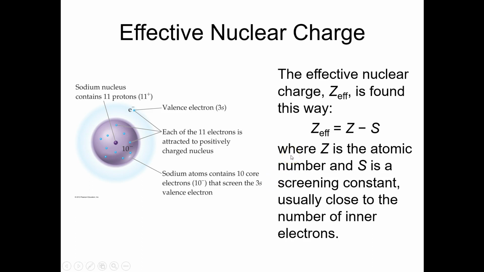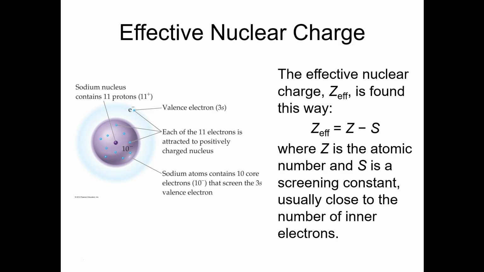So we can calculate what's called the effective nuclear charge. And the effective nuclear charge is simply the nuclear charge that a valence electron is actually experiencing. It's equal to the actual nuclear charge minus the screening constant. And the screening constant tends to be fairly close to the number of core electrons.